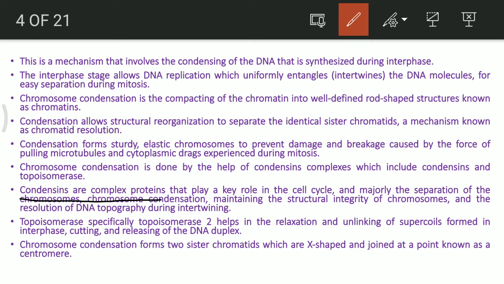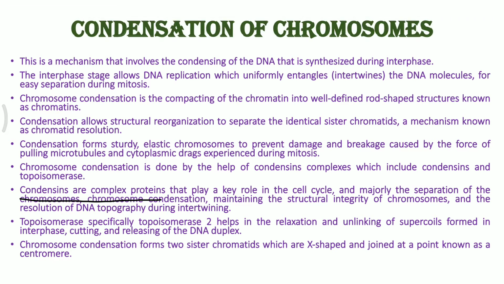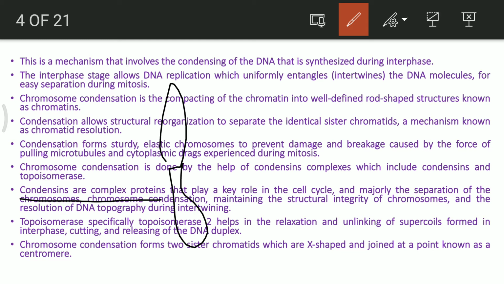Specifically, topoisomerase 2 helps in the relaxation and unlinking of supercoils formed in the interphase, cutting and releasing of the DNA duplex chromosomes. Condensation forms two sister chromatids which are egg-shaped and joined at a point known as a centromere. So basically, condensation of chromosomes is a process by which these two sister chromatids form this particular structure, and the supercoiling of the DNA also takes place, and this structure is maintained.